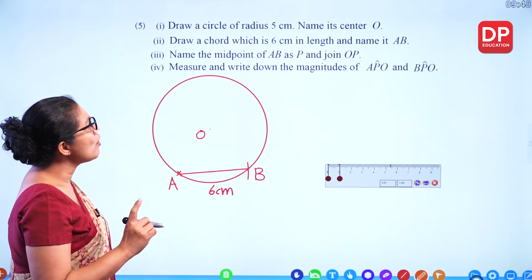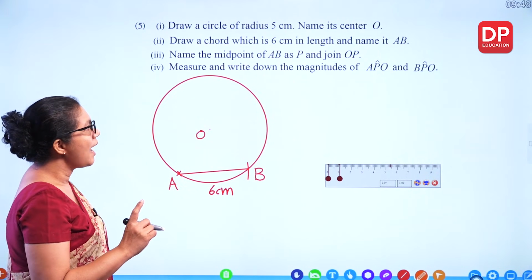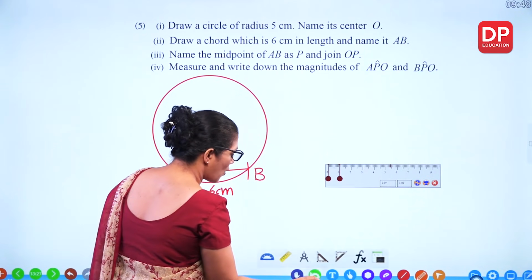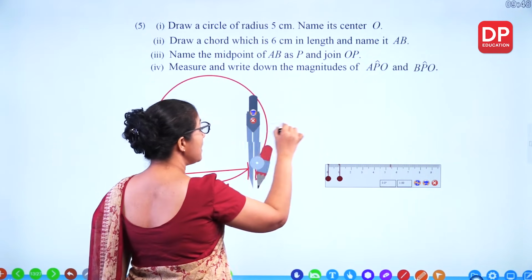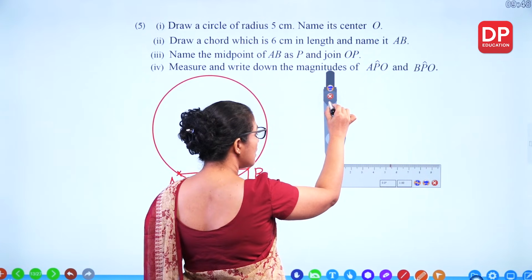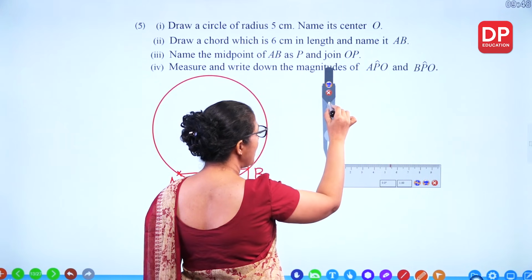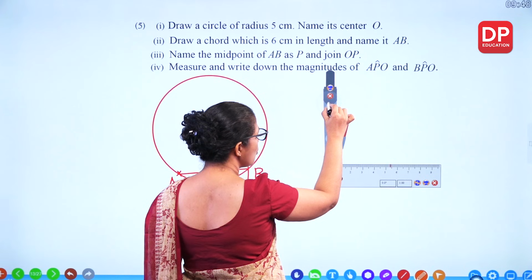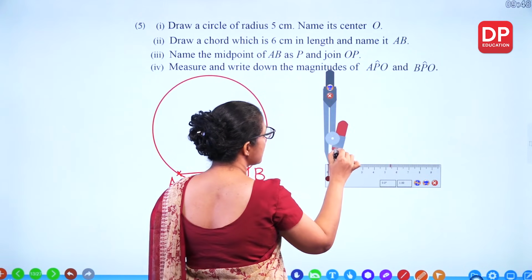Name the midpoint of AB as P and join OP. So we can take the compass and measure 3 centimeter, half of 6, because midpoint means exactly dividing 6 centimeter into 2 parts.